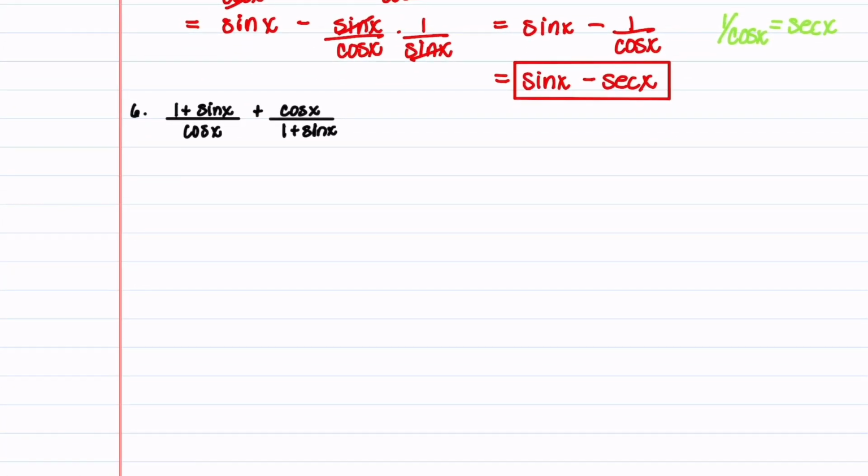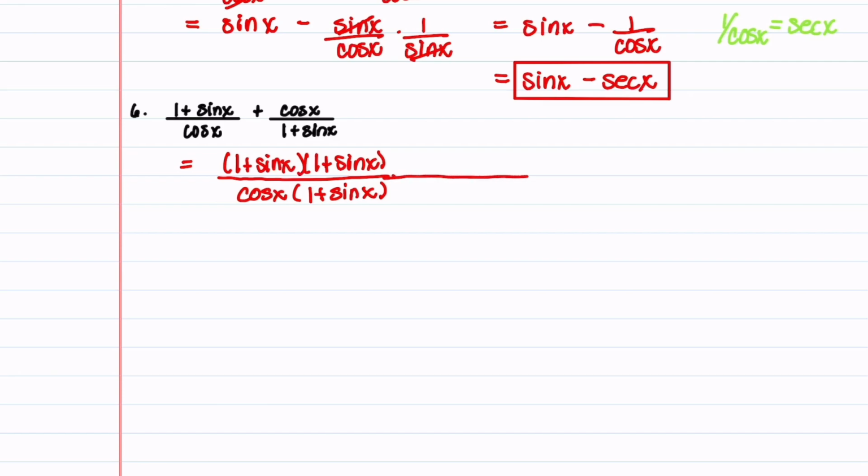In example 6, we have two fractions, so we'll begin by getting a common denominator. Our common denominator is cosine x times 1 plus sine x. Our top term, 1 plus sine x, now gets multiplied by a 1 plus sine x.